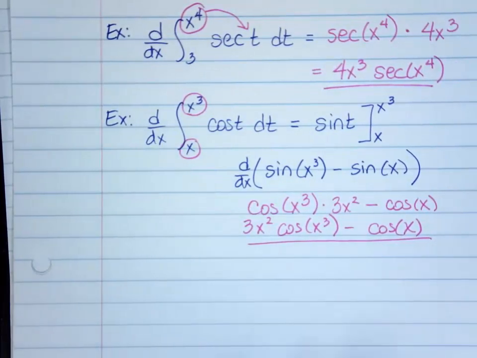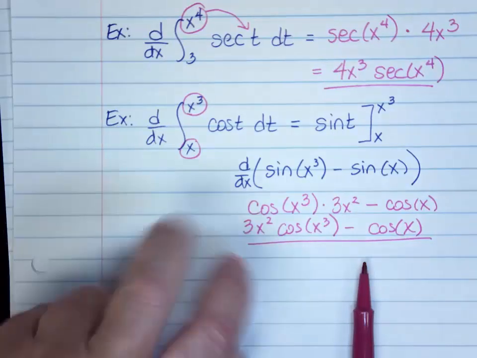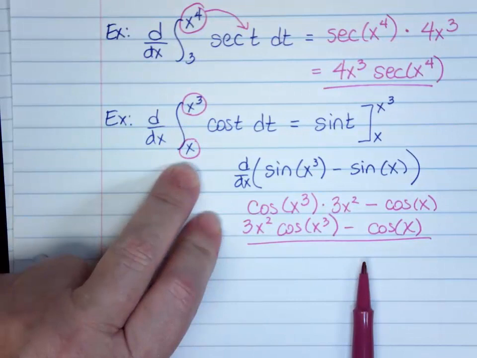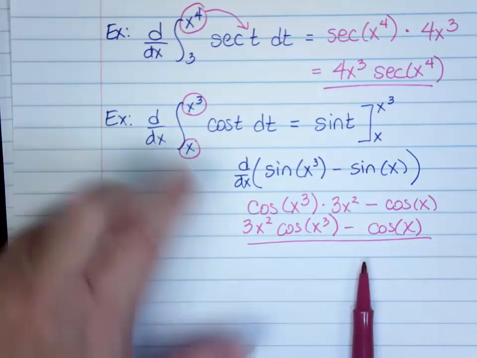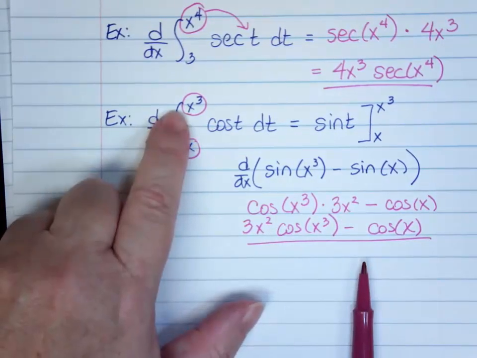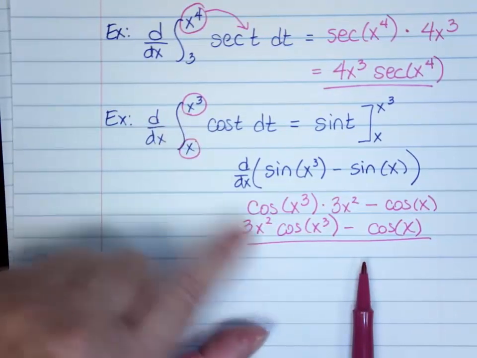So who can explain to me what the shortcut is to go from the first step to the last step in one jump? The same thing twice. Yes, but what do you do with the two answers? Subtract them. Malia? Talking about the shortcut? Yes. Well, what I was thinking is that you plug in the x to the third power and take the derivative, like you did in the example above, then you take the bottom x, plug it in, and then you subtract.